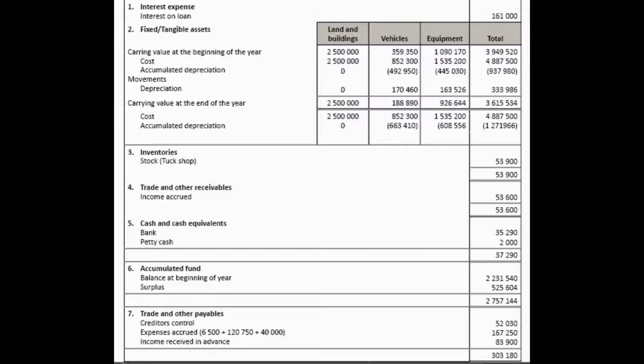Expenses accrued is that 6,500 plus the 120,000 plus the 40,500. Okay, and then we get the total for trade and other payables of 303,180.